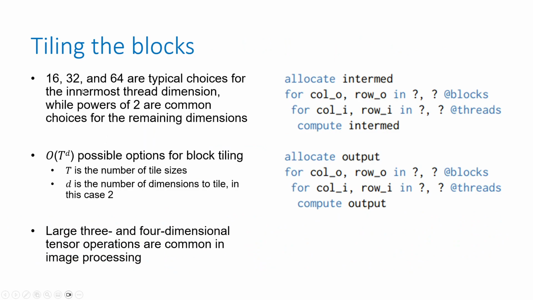So these are the typical choices that the autoscheduler uses for the innermost thread dimension. One of the most complicated parts of finding the schedule is the tiling, because it has a lot of options. So here, we're tiling the blocks.